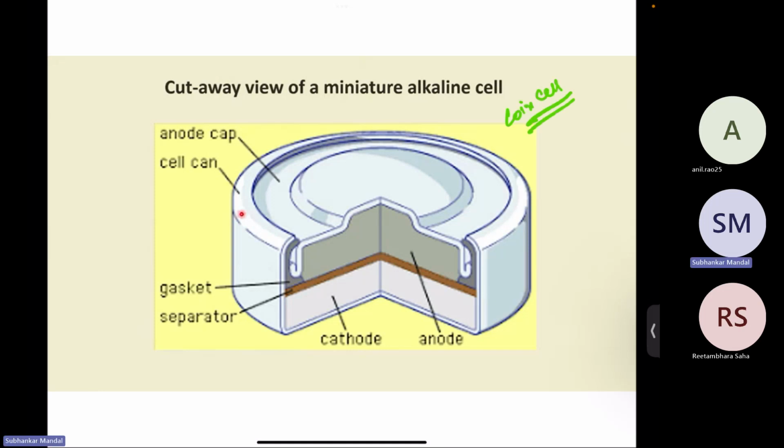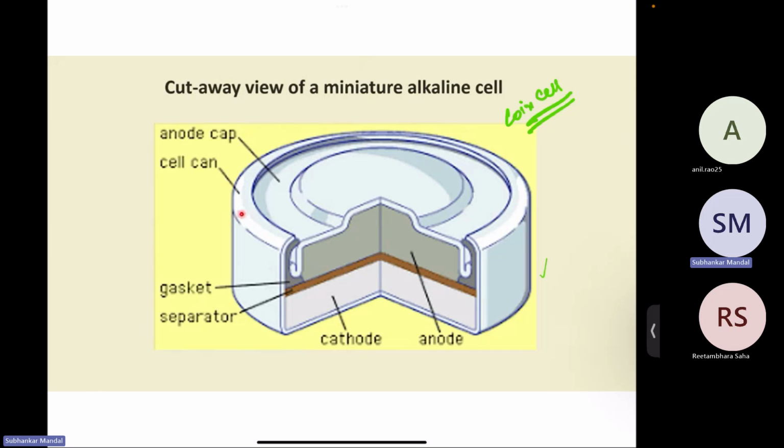A coin cell is what you can see in watches or different small gadgets. In our lab also, when we are doing research or developing a battery, first we study it in a coin cell.